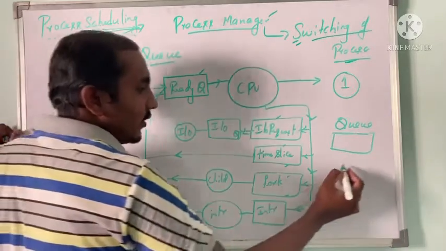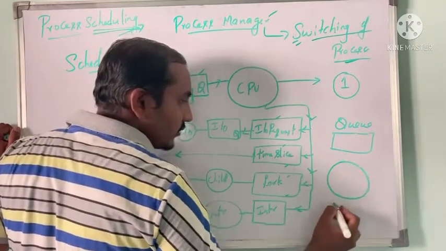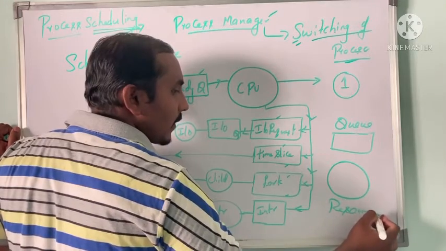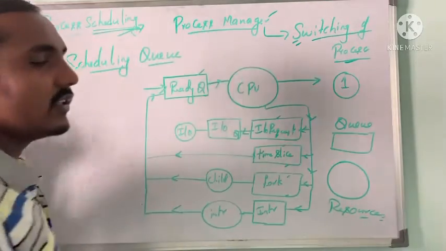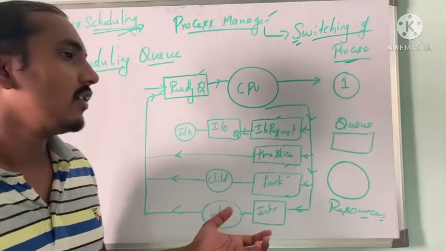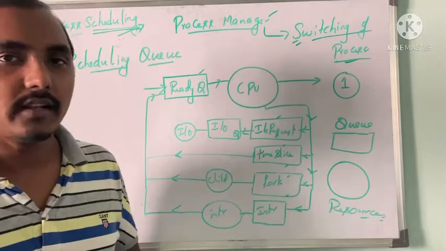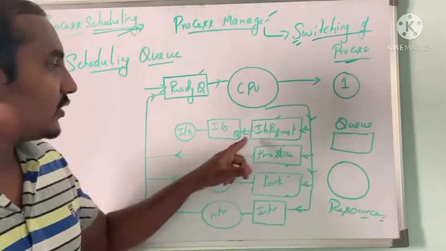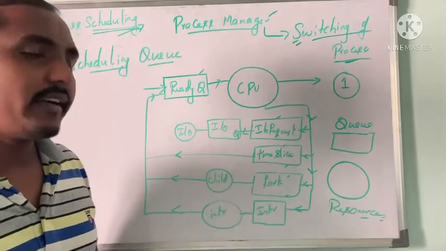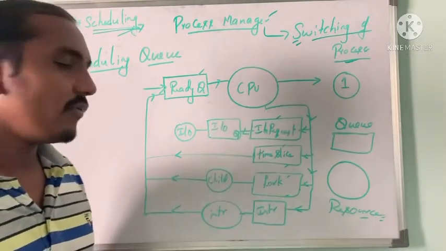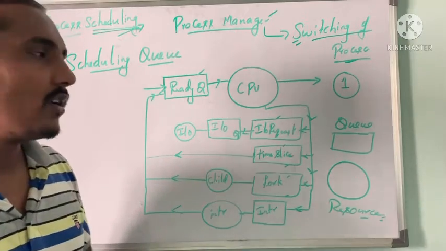Whatever you see in the form of a circle is called a resource. Resources are devices: it can be an input device, an output device, or any kind of resource. So whatever is in the form of a rectangle acts as a queue, and whatever is in the form of a circle acts as a resource.